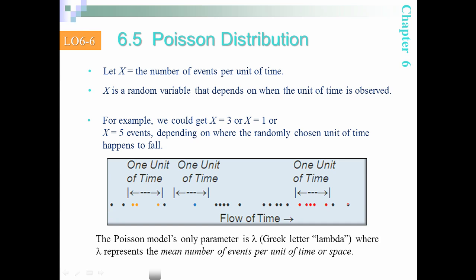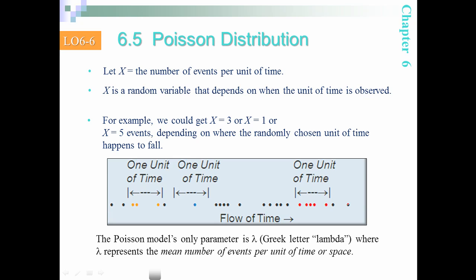For example, we could say x is equal to 3, or x is equal to 1, or x is equal to 5. And these all depend on when the randomly chosen unit of time happens to fall.